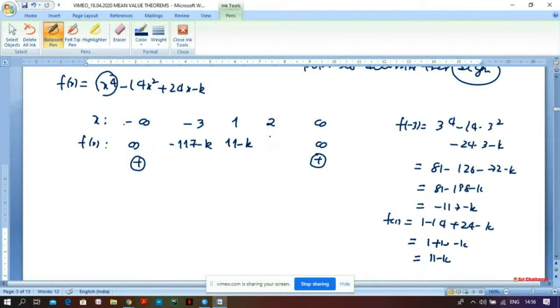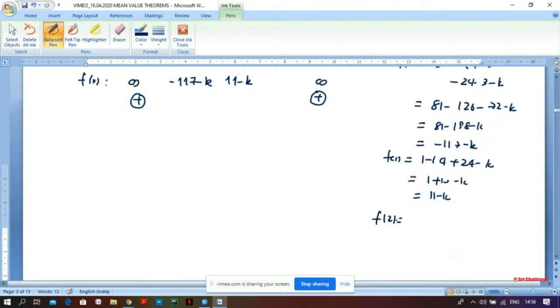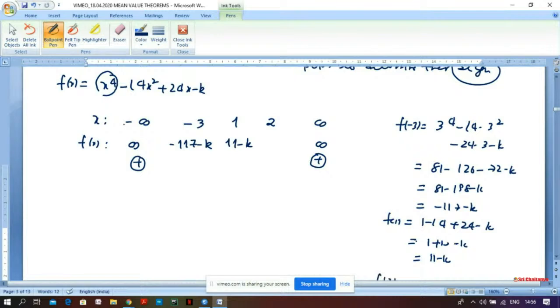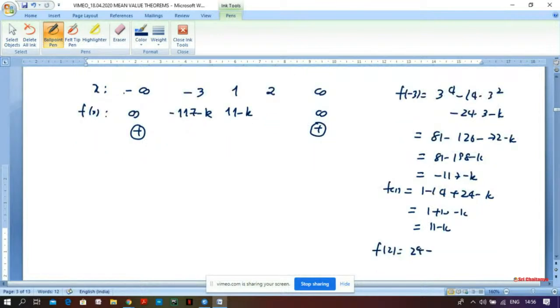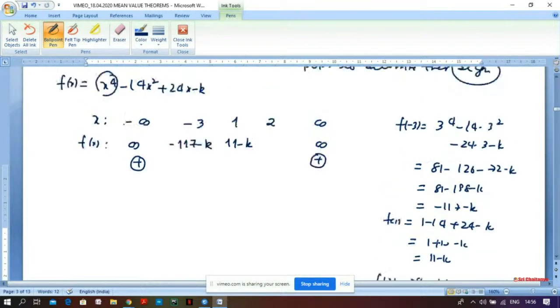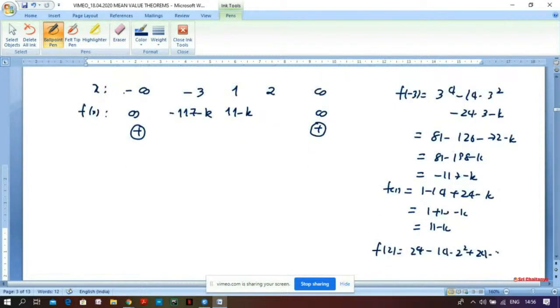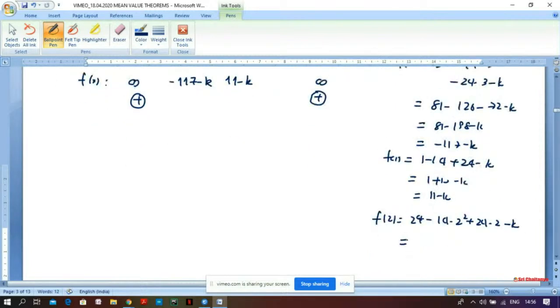And f of 2, if I calculate, is again 2 to the power 4 minus 14 into 2 squared plus 24 into 2 minus k. So let's calculate quickly. 2 to the power 4 is 16.